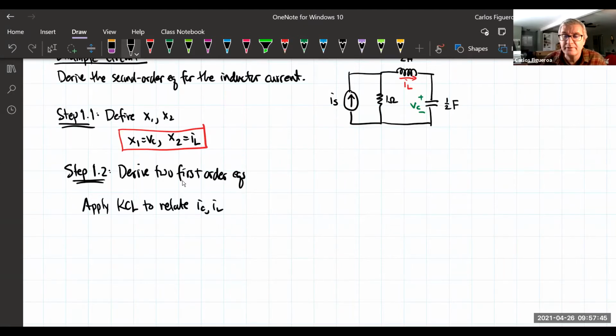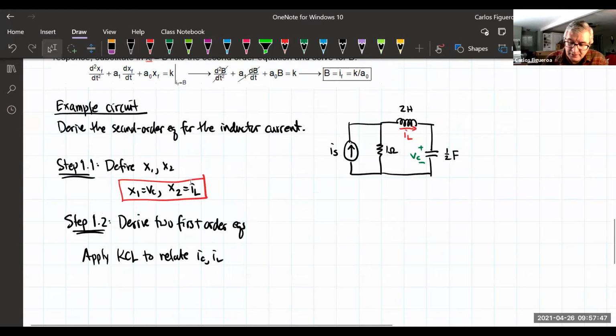So let's look at the circuit here. You can clearly see that I have a node right here. The current source is going to come in. Part of the current's going through the 1 ohm, and part of it's going through the inductor and the cap. The fact that the cap and the inductor are in series means they have the same current.